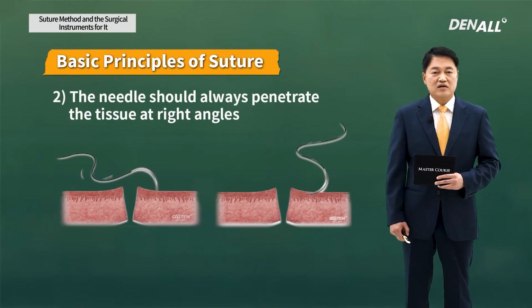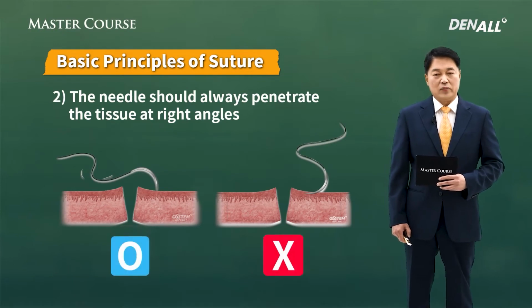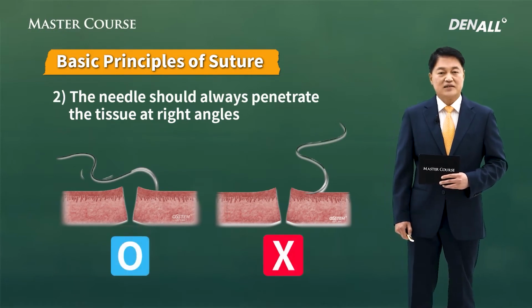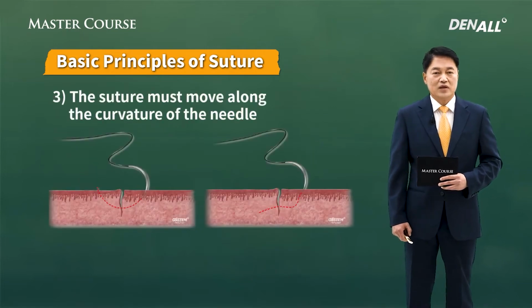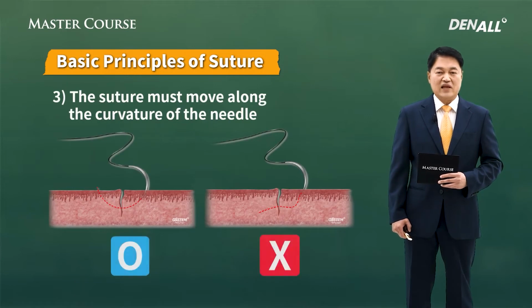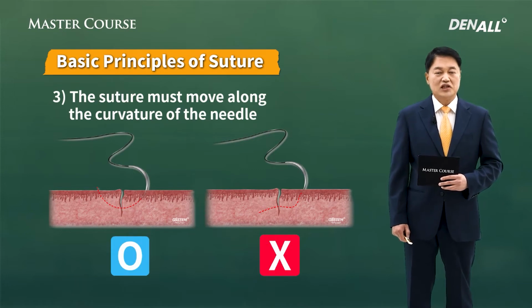Second, the needle should always penetrate the tissue at right angles to have a more stable suture. Thirdly, the suture must move along the curvature of the needle. That is the way to have more stability.